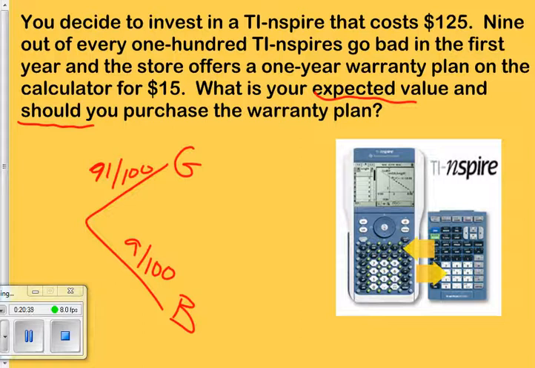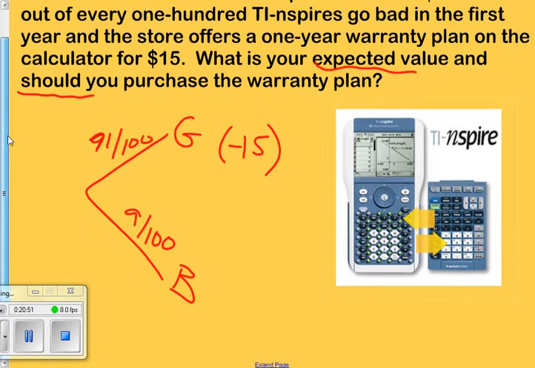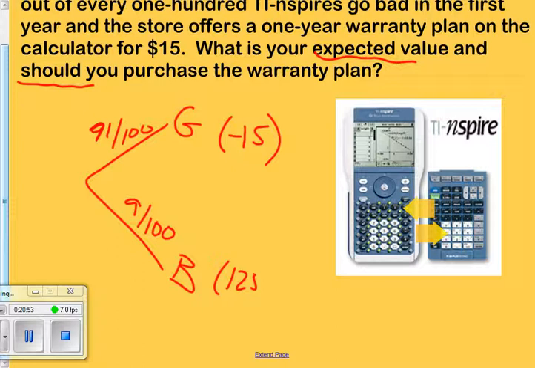If it's good, never breaks, you're out 15 bucks, because you paid for that warranty but didn't utilize it. And if it's bad, our calculator was 125 minus 15. So this is really 110.